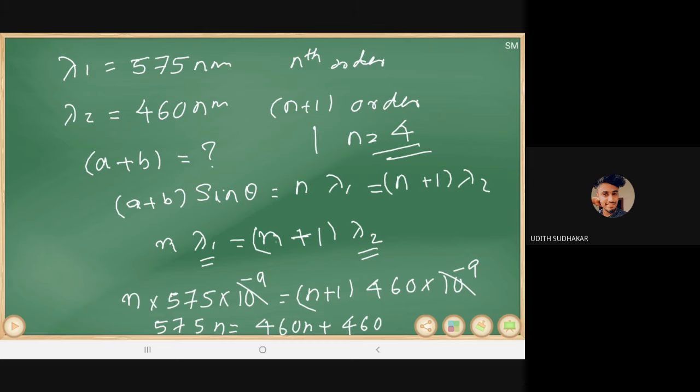Did I say that? Okay, I did not write it here, that is the problem. That is why I got confused. 20 degree. Okay, then it is okay. A plus B sin theta means you substitute for sin theta, you substitute for n in this equation and you will be able to find A plus B. Just calculate and see what is A plus B. In the first equation, A plus B sin 20 is equal to 4 into 575 nanometer.